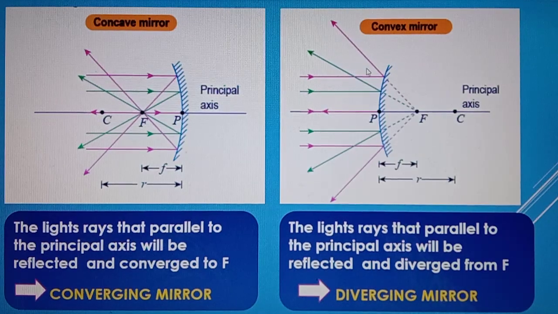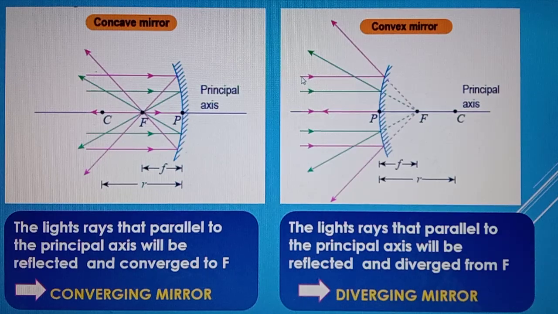There is angle I equals angle R. Okay, means you can just draw one tangent here and then draw the normal line, so you will get I equals R. So parallel light rays look like they diverge. If you try to extend all the light rays that diverge, it seems that they come from one point behind the mirror. So that point, we call the focal point of the convex mirror.